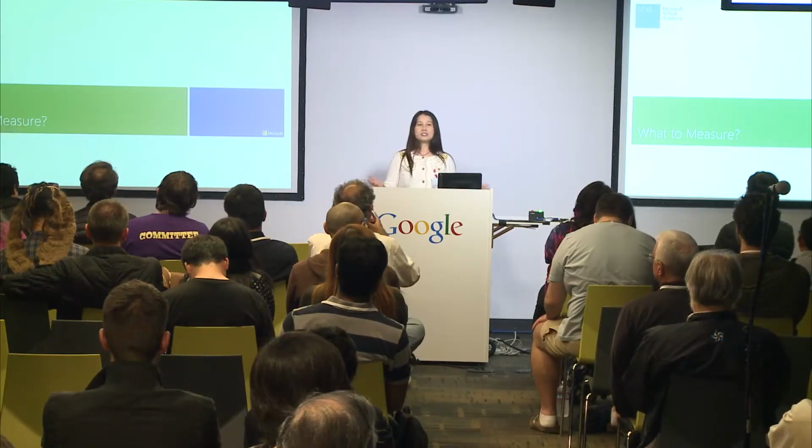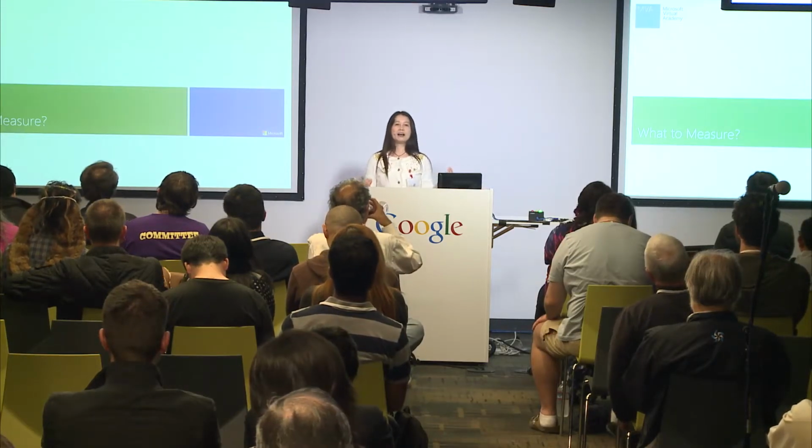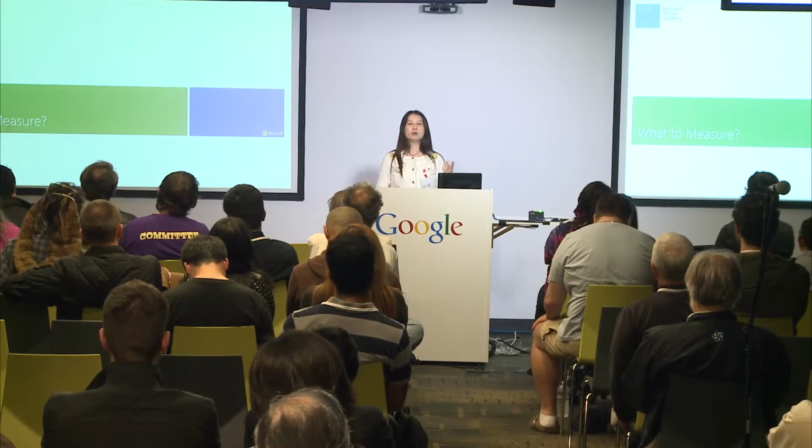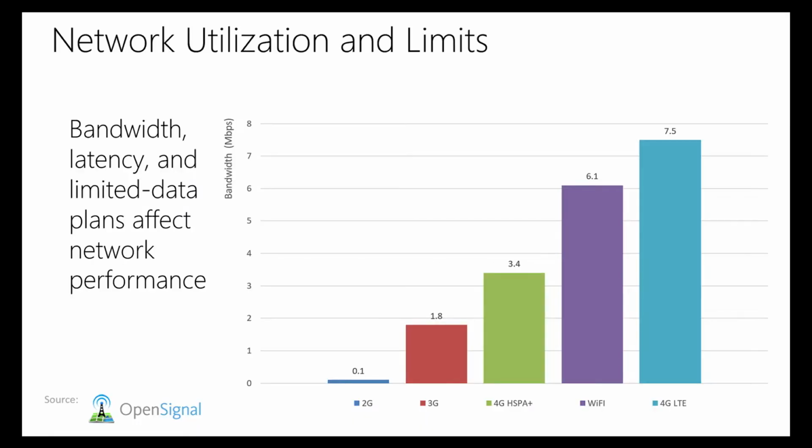Good. So the first thing we want to think about is that we're working on sites and apps running on modern browsers or mobile devices. So what are the things we care about? The first thing we probably look into is bandwidth. You have mobile devices with different carriers and different bandwidth.